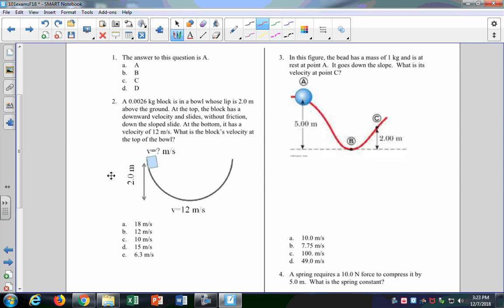Let's say I give it a velocity. Let's say the velocity here is 1 meter per second, not at rest, as it says, at point A. In that case, at point A, it has a kinetic energy and a potential energy. And at point C, it has a kinetic energy and a potential energy. And that wasn't true in the original question.